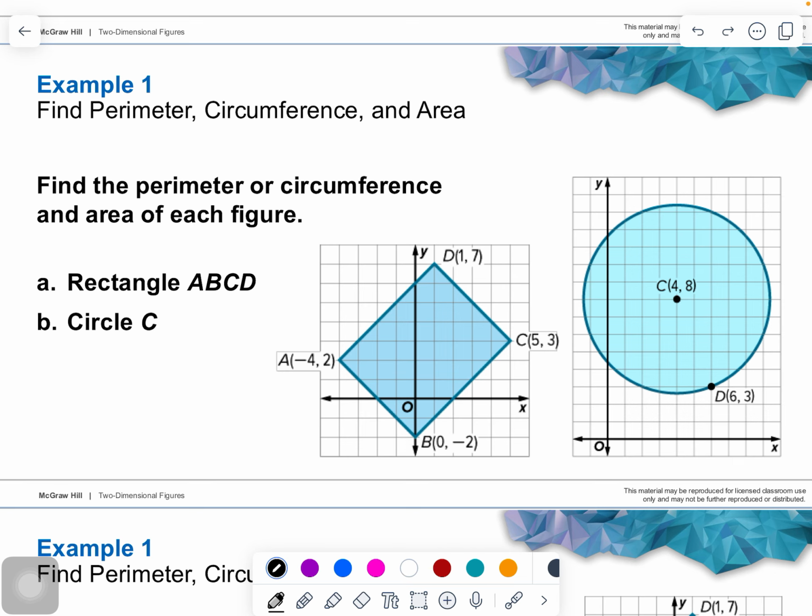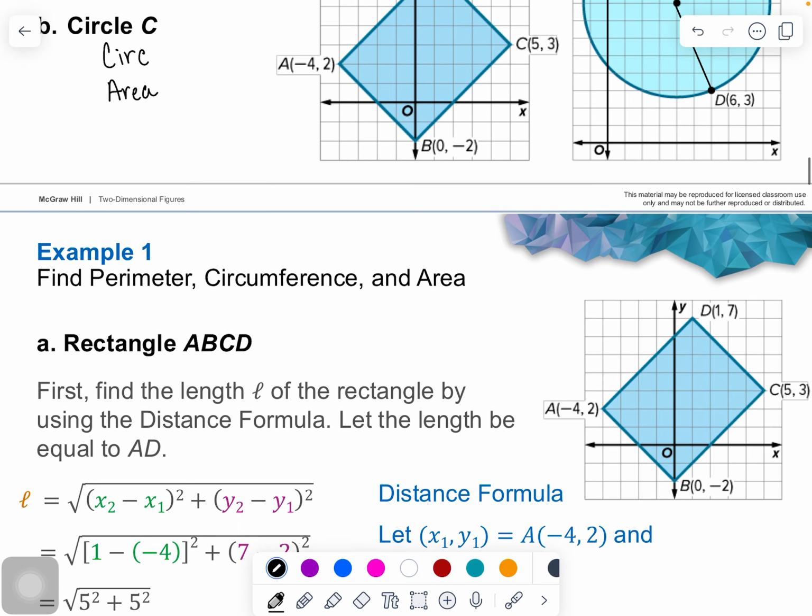For circle C, we are going to find the radius from C to D. And once we find the radius, we can solve for the circumference and the area. There you go. So let's see how they do that.